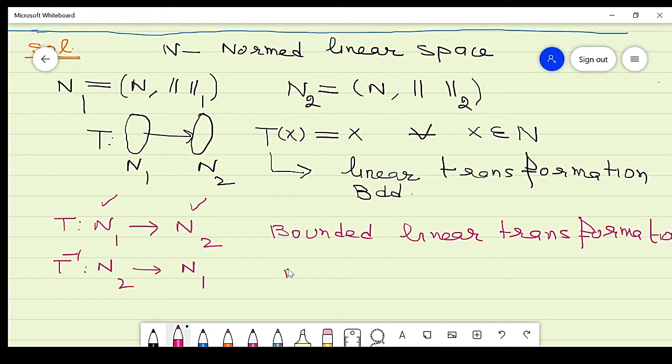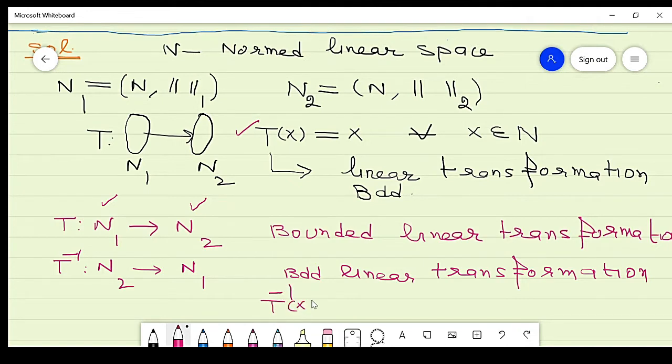This is again a bounded linear transformation, and we can define T inverse x again as the identity operator for every x belongs to N. This T inverse has domain N2 and range N1.